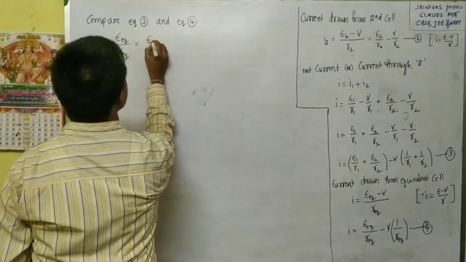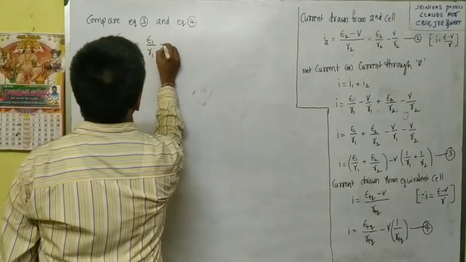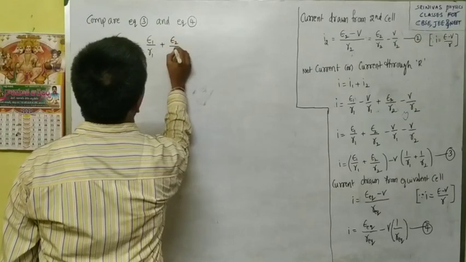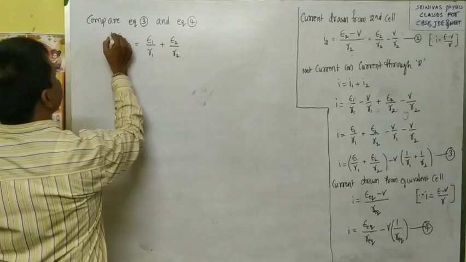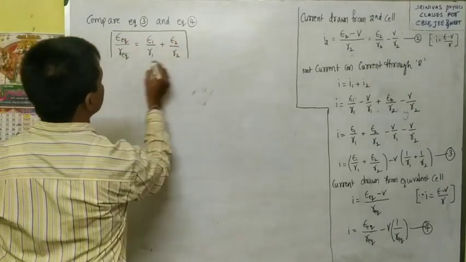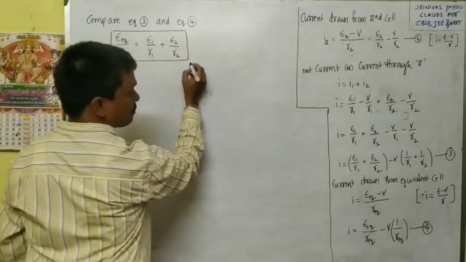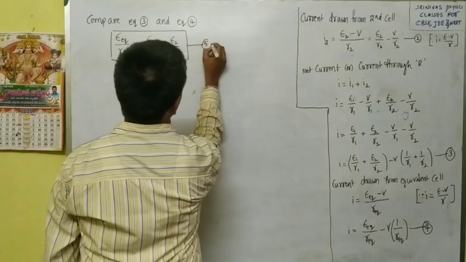E equivalent is E1 by R1 plus E2 by R2, right? This formula we will use to find the effective EMF. Okay, this is equation 5.